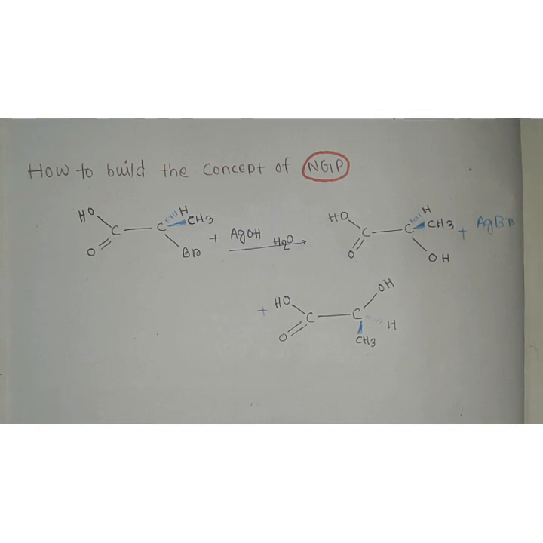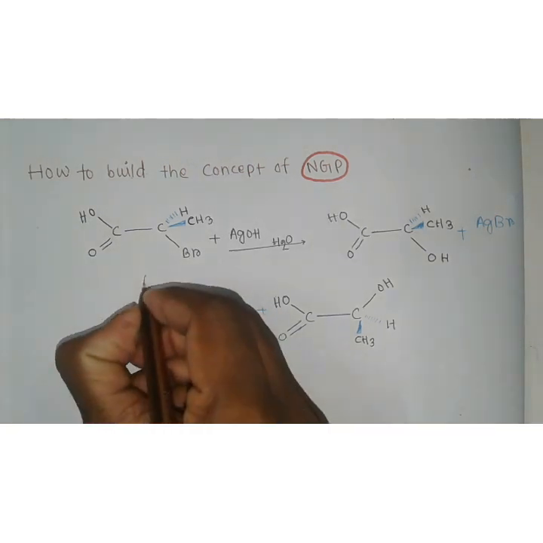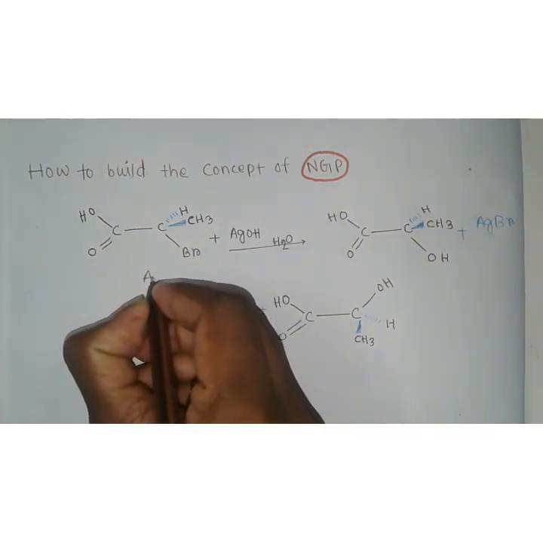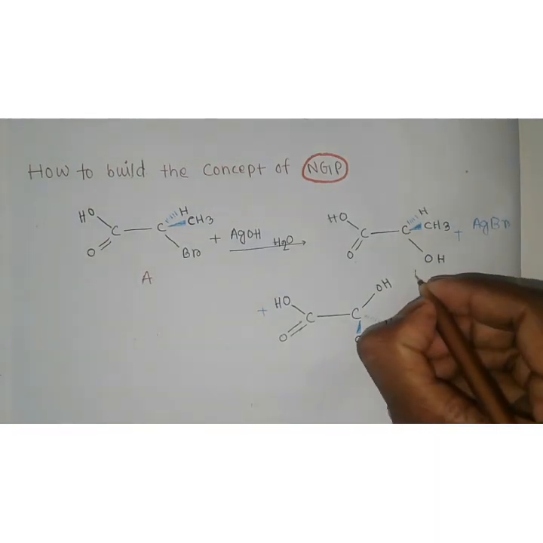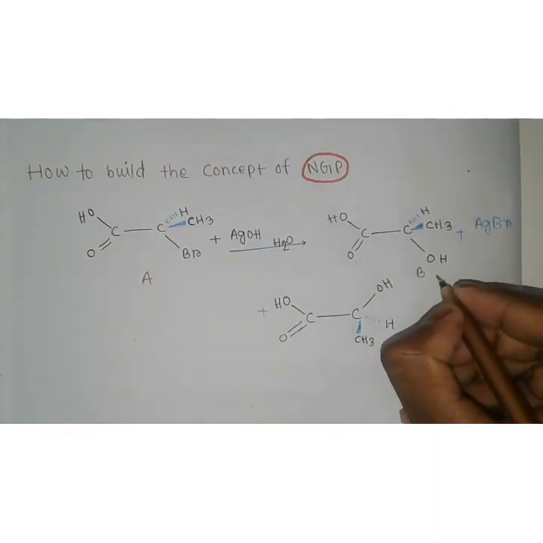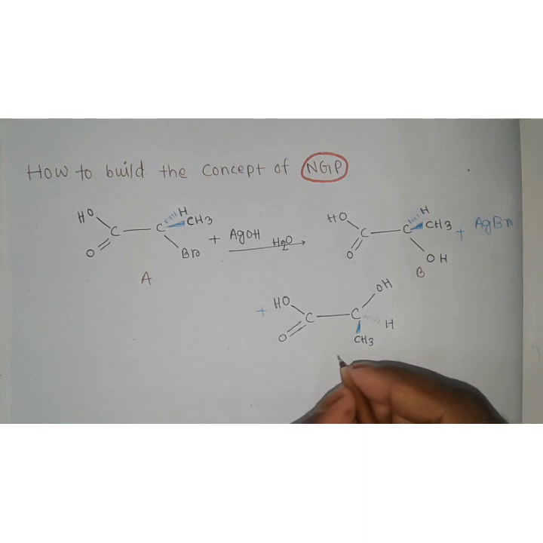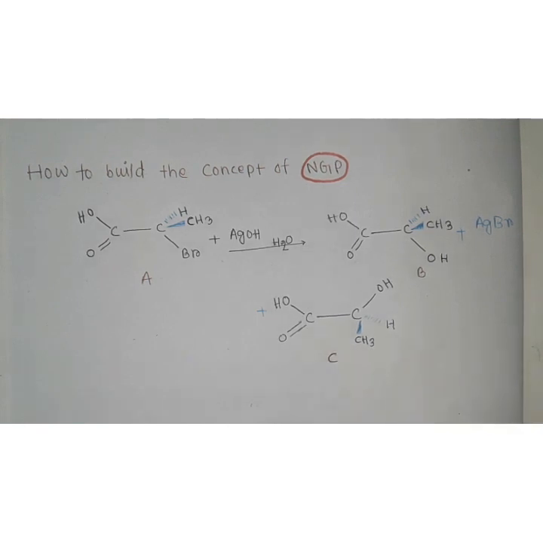Next, how to build the concept of NGP. Okay, here I write a nucleophilic substitution reaction where A is the substrate and B is the substitution product, and C also.